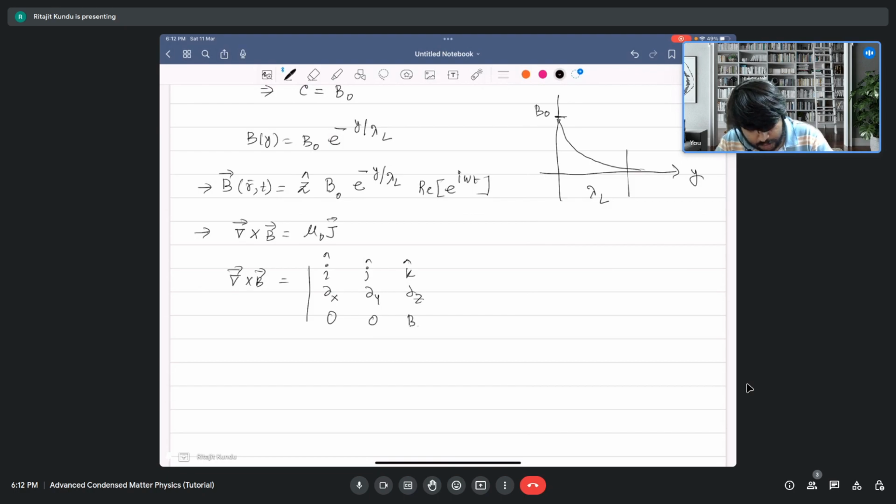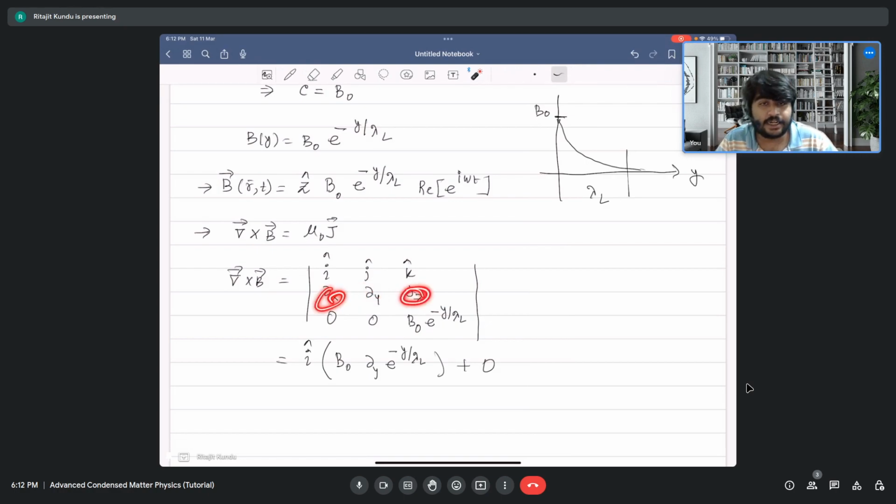So it will become B naught e to the power minus y by lambda L. In the i hat direction, I'll have del y acting on e to the power minus y by lambda L. All of the other parts will be 0, because it only depends on y, and all of the rest of the derivatives, in x and z, vanish. So the derivative will bring back a factor of minus 1 over lambda L, giving i hat times minus B naught over lambda L times e to the power minus y by lambda L. This is curl of B, which is equal to mu 0 j.